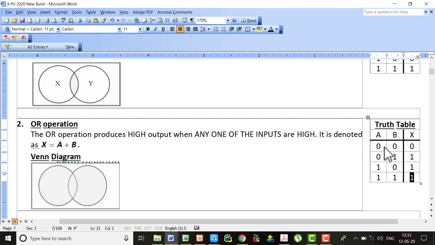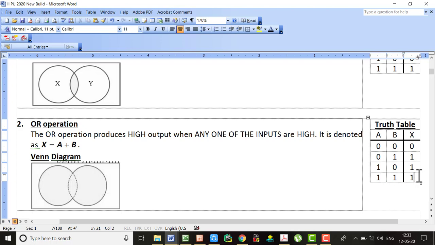In Boolean addition 1 plus 1 is nothing but 1. There is no question of carry generation. Point to be noted, there is no carry. Instead 1 plus 1 is equal to just 1.